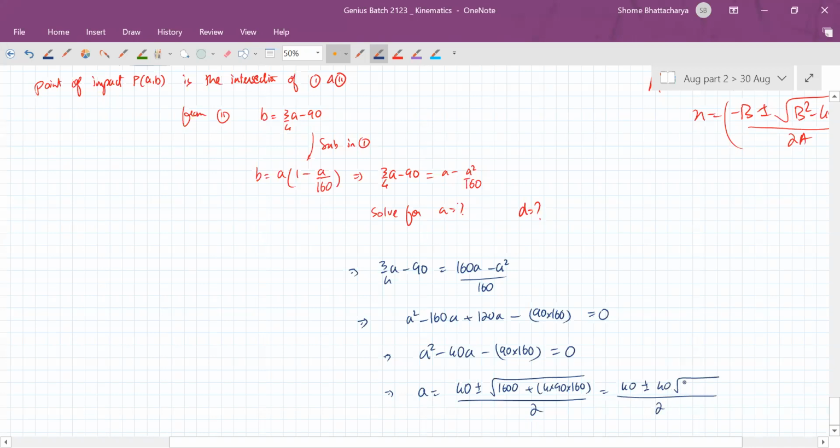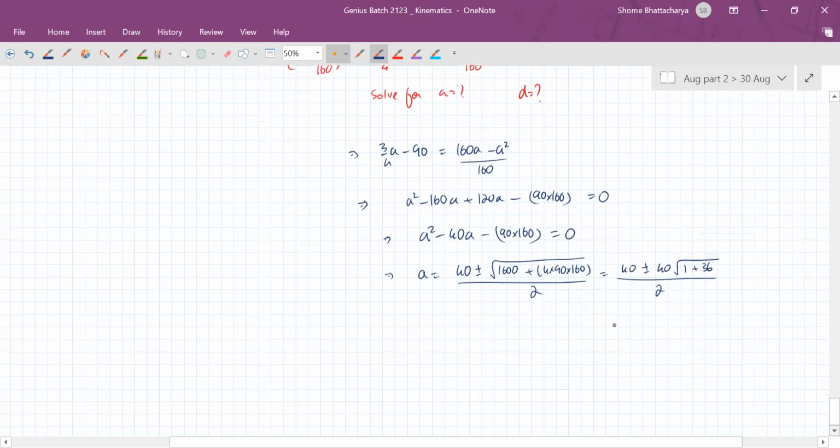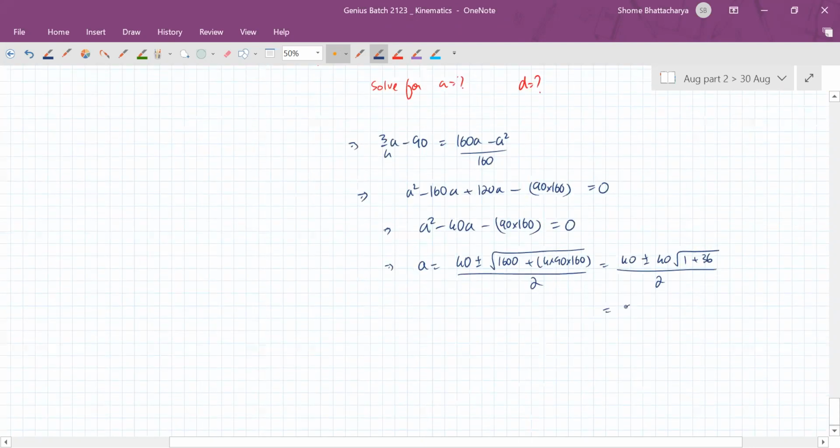So that's 1 here. And from this, 1600 we have taken common, so we are left with 36. So it's 1 plus minus root 37.